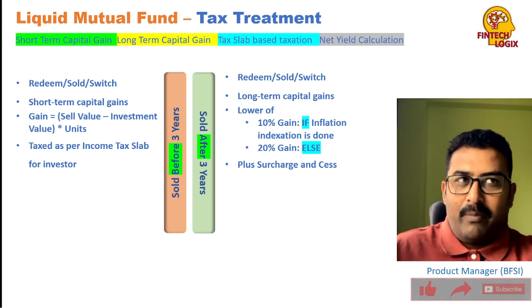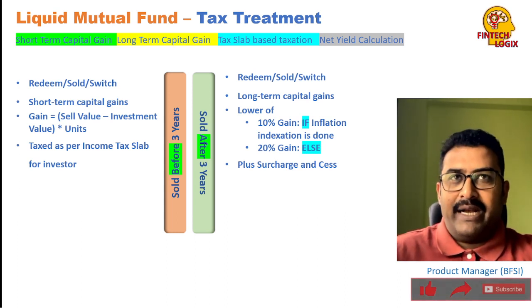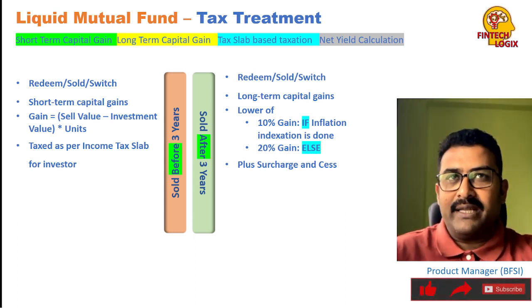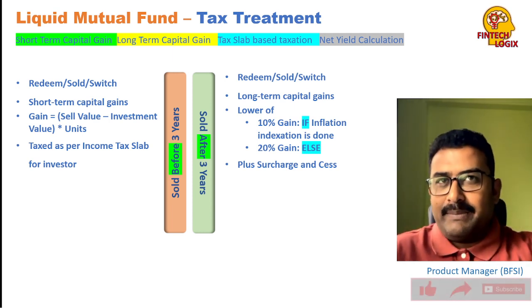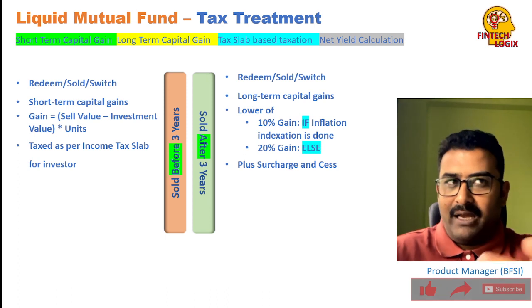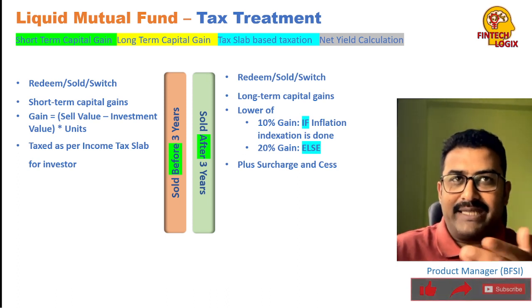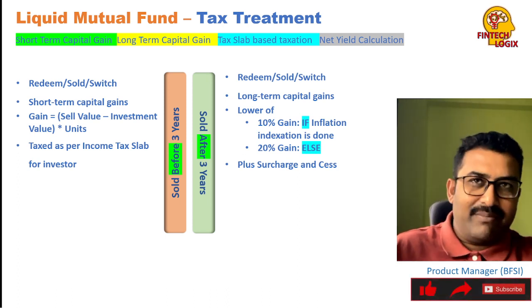You might also sell all the units and switch, which means you move from this liquid mutual fund to some other mutual fund. That is as good as selling this liquid mutual fund and buying something else.